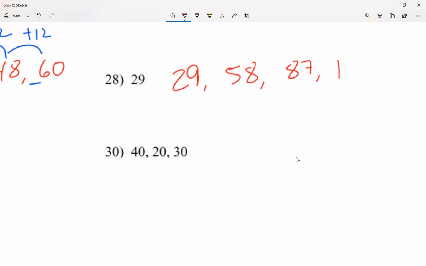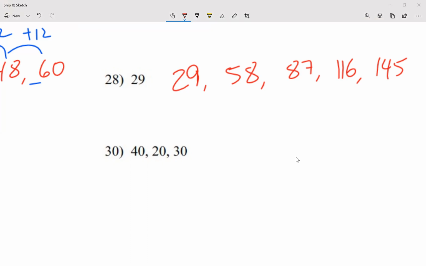Plus 29 is 116. And then 116 plus 29 is 145. To make this easier, I just do plus 29 each time. But we can go 29 times 1, 29 times 2, times 3, times 4, times 5. Again, don't forget a comma in between the numbers, and don't forget a space after each comma.